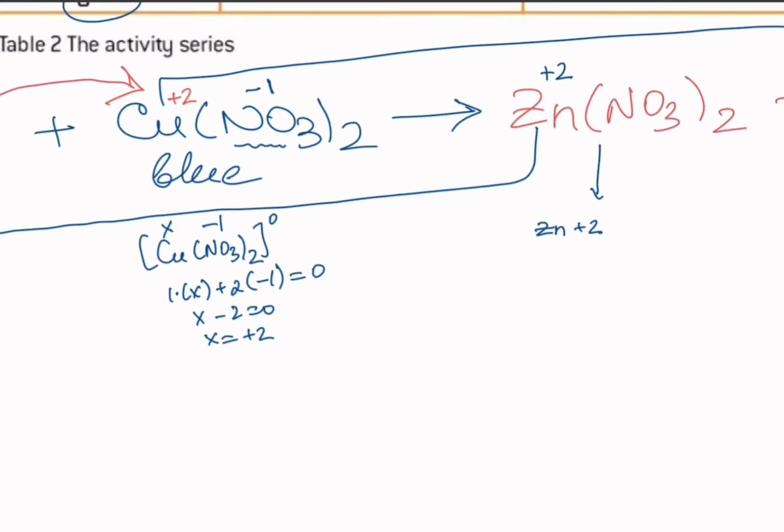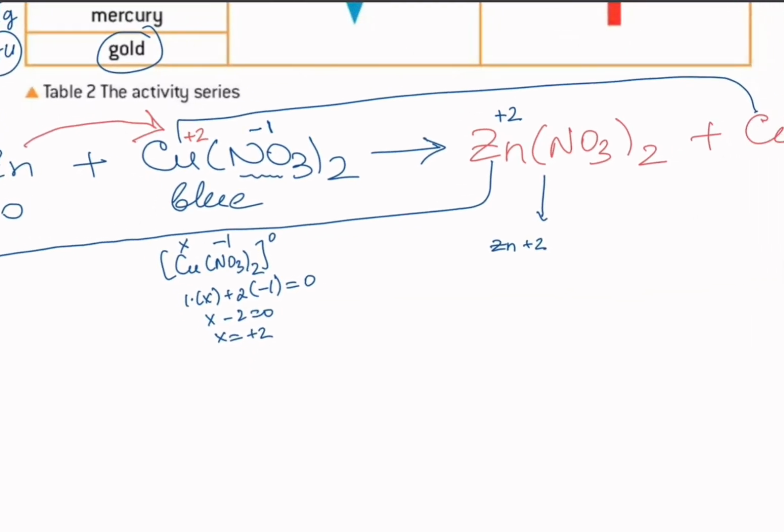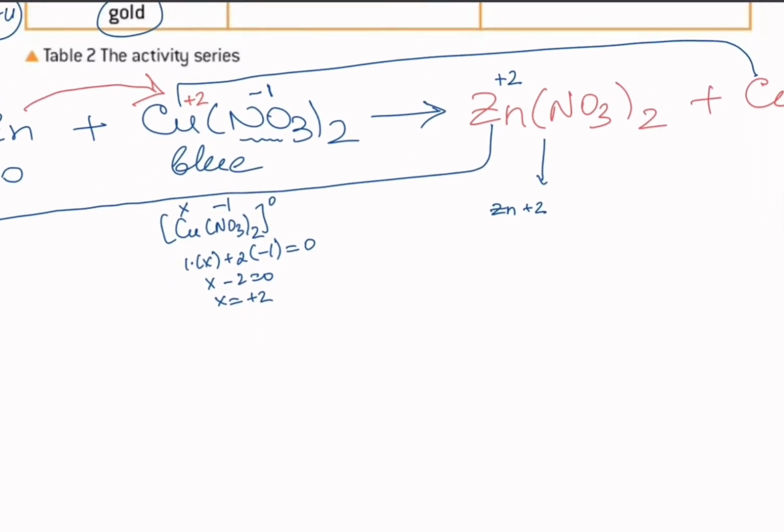So let's write this down in terms of just metal, because that's where the single replacement happened. See, single replacement from your 10th grade. Zinc replaced its place with copper. So zinc plus, what's the charge of copper? Let's just write the ions: copper plus 2.